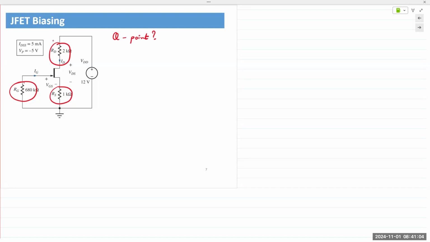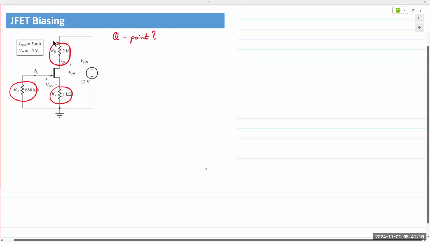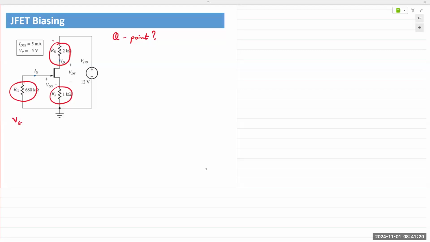All right, so let's write down what is given to us. Three resistor values. VDD is the standard nomenclature for a voltage applied at the drain, and VGG is the standard term for the voltage applied at the gate. Right now in this circuit, we don't have any separate voltage. In the lab, you will have a very similar circuit, except there'll be two power sources, one at the drain, the other at the gate.